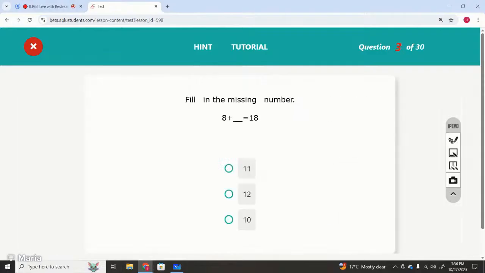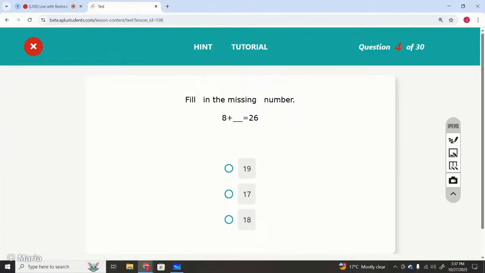Option number 2 is the correct option. That is 8 plus 10 makes 18.